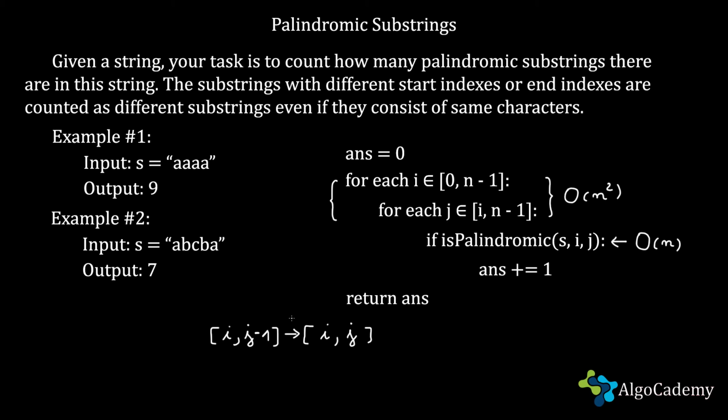And think about this scenario. Let's say the subarray i and j-1 was A, B, C, B. This is not a palindrome, so the only information we have after checking this subarray is, let's say, a boolean false. It's not a palindrome. That's all. Now, when we jump to the subarray i, j, a lot of things can happen.